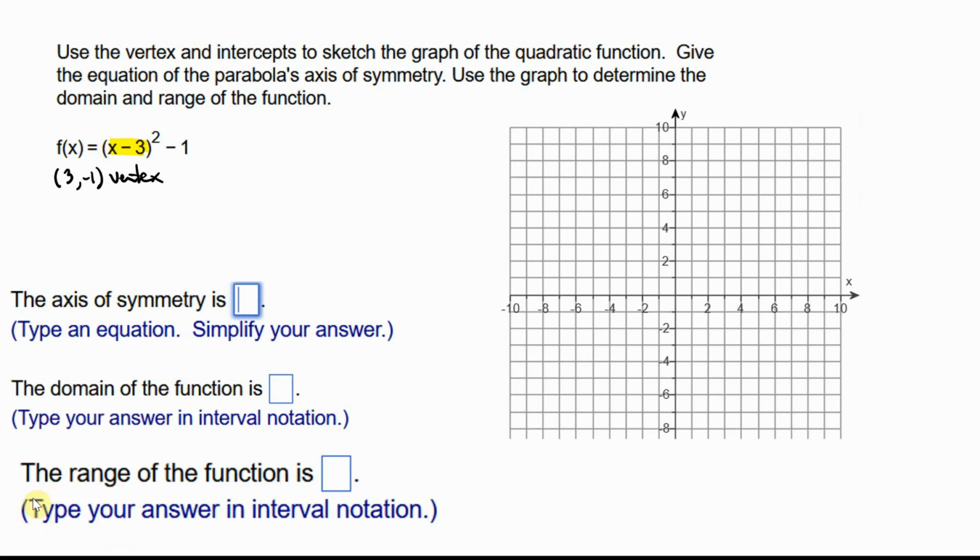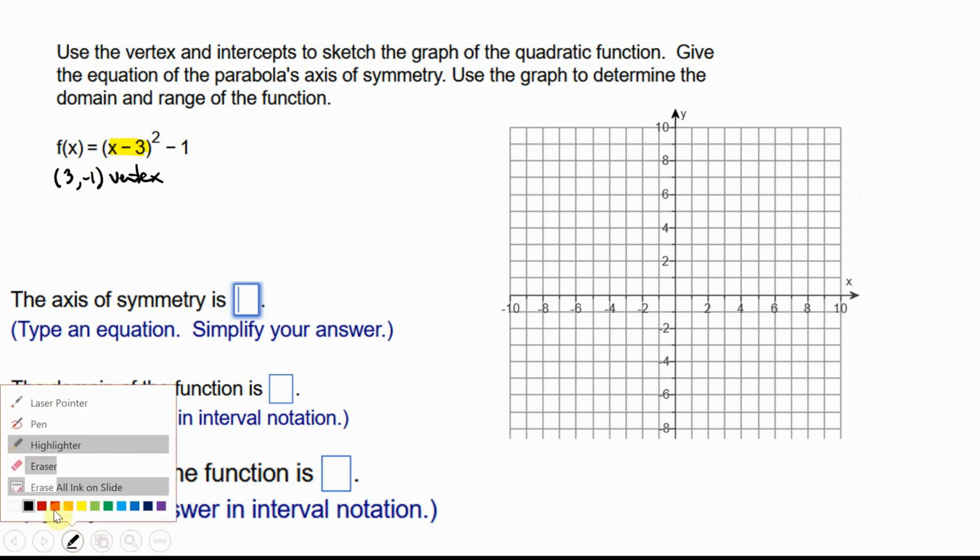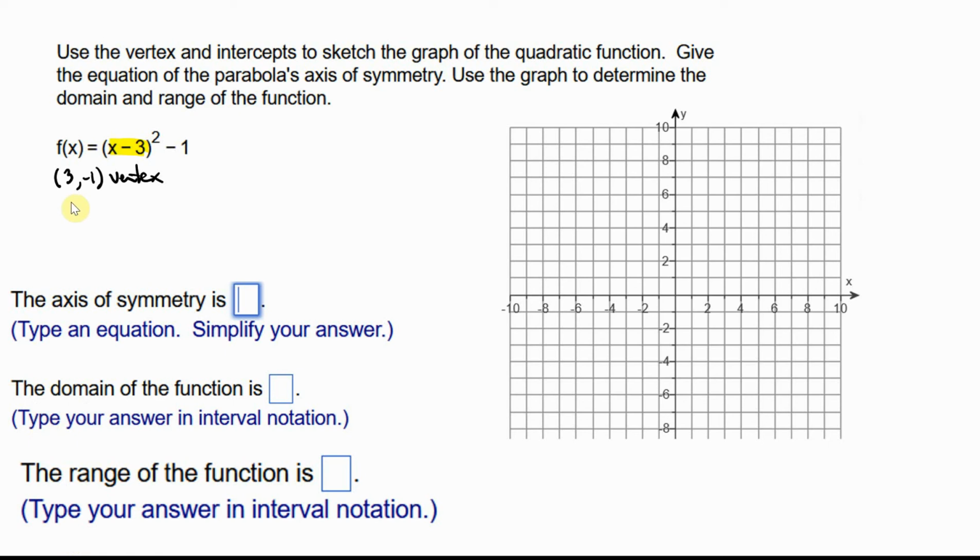The line of symmetry, the axis of symmetry, is always whatever I have in the parentheses.